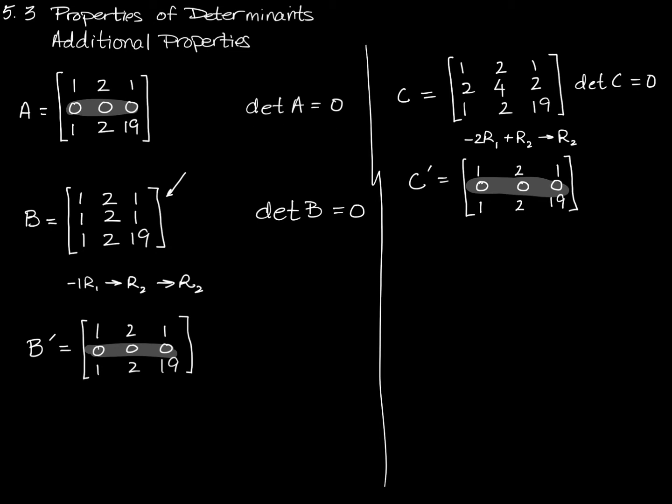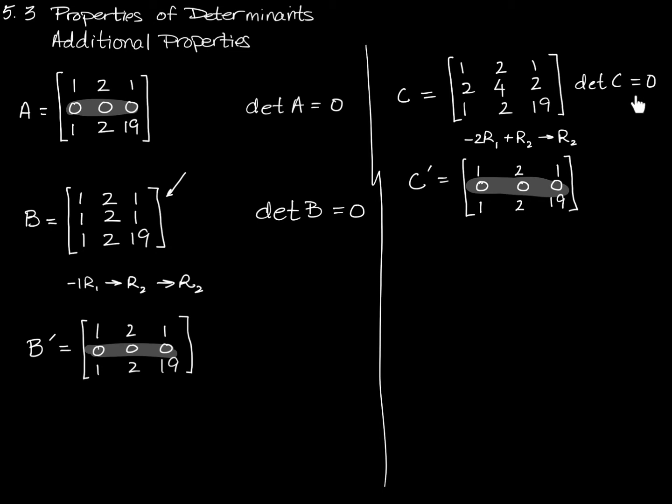Those properties again are: if you have a 0 row, the determinant will be 0. If two of your rows are identical, then you can add a multiple of one of those rows to the other to get a 0 row, so your determinant will be 0. If one of your rows is a scalar multiple of another row, then you can add a multiple of that row times the other to get a 0 row, and your determinant will be 0.